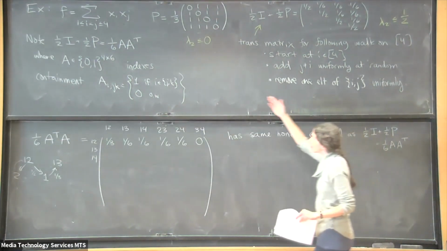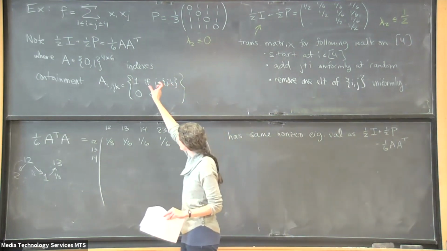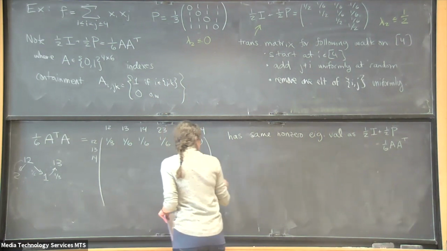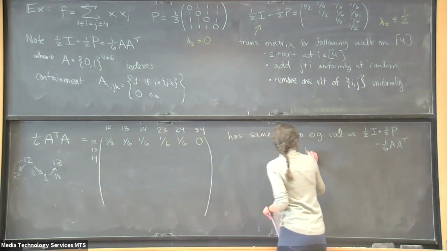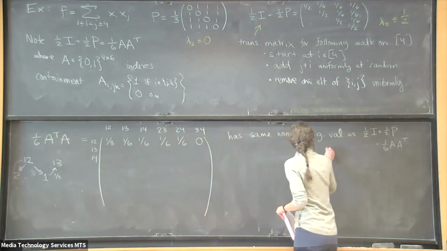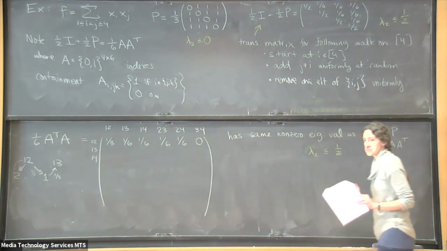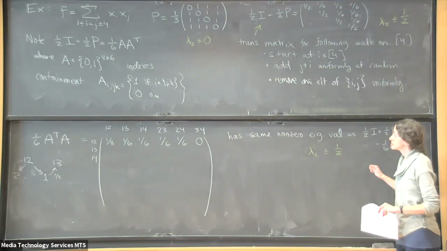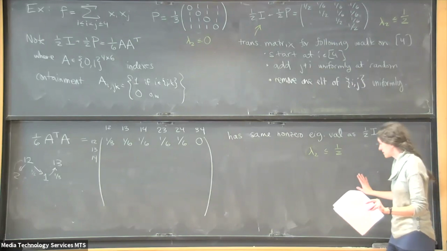And then because we're multiplying matrices in opposite orders, this also has that. That's all we've done so far.